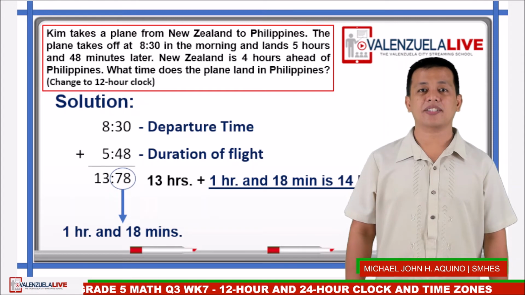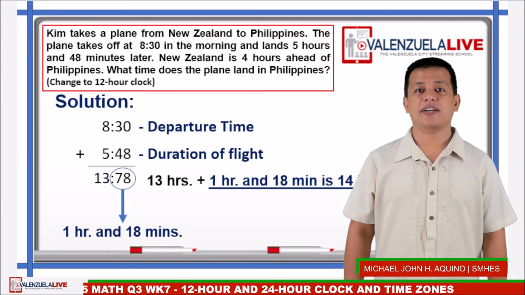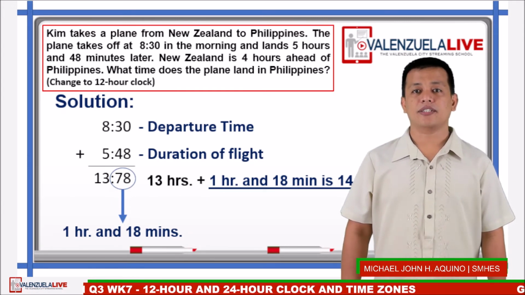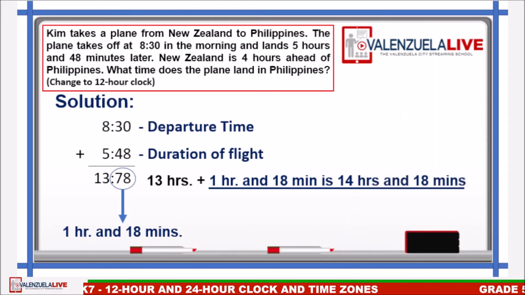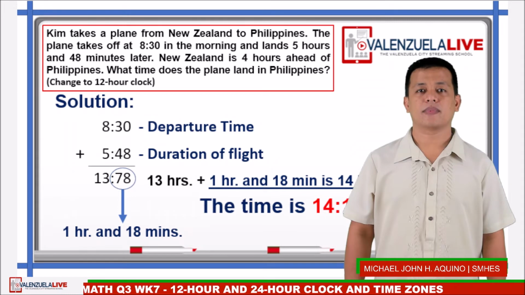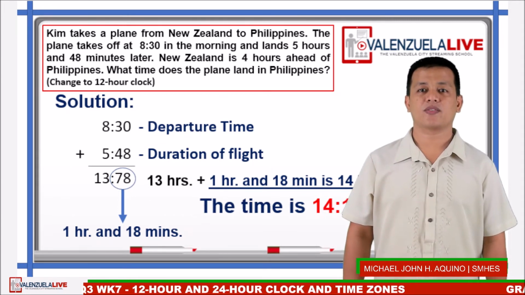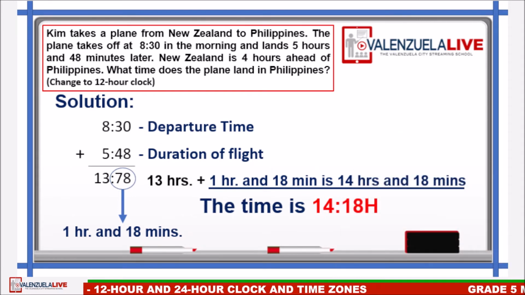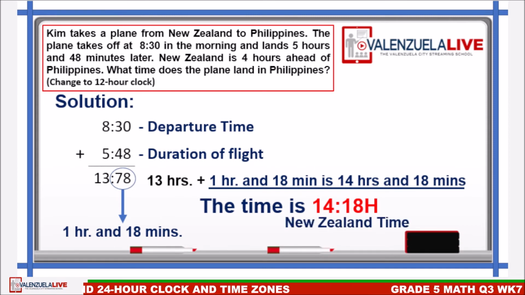So 13 hours plus 1 hour and 18 minutes is equal to 14 hours and 18 minutes. The time is 14:18 hours. Next, that is the time for New Zealand.